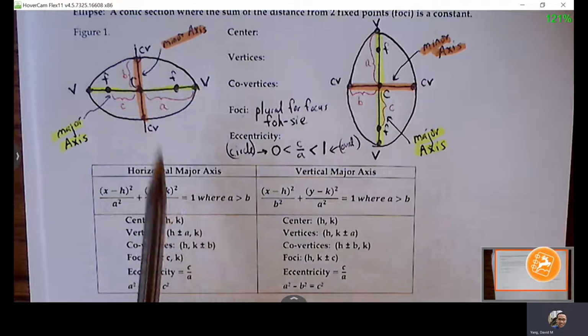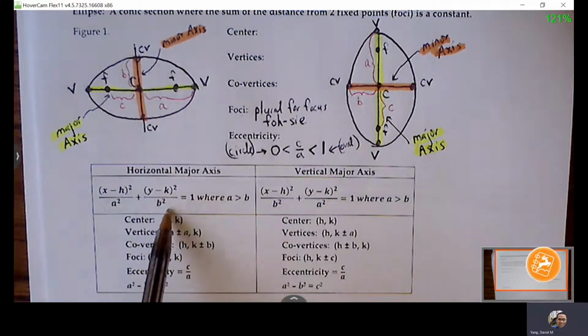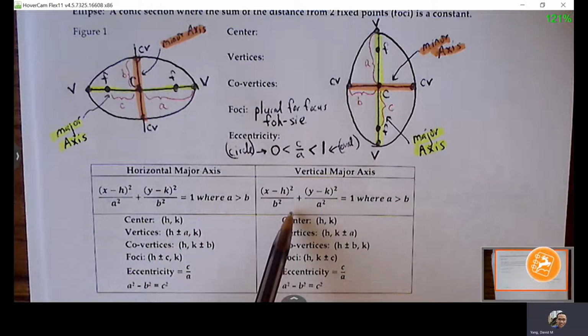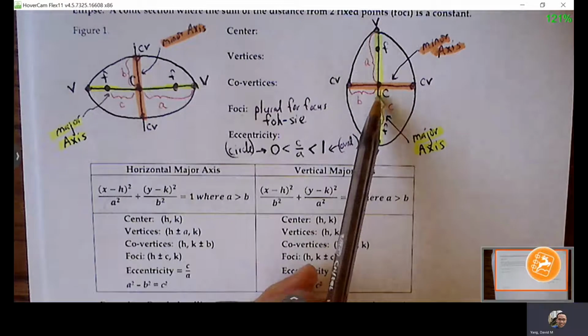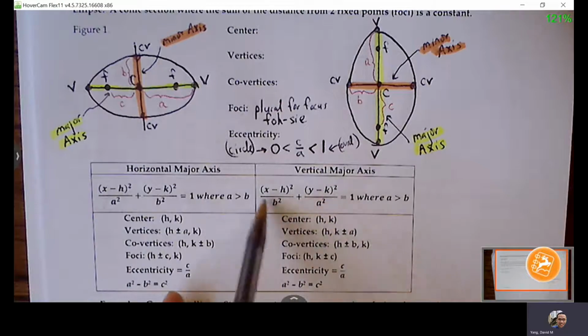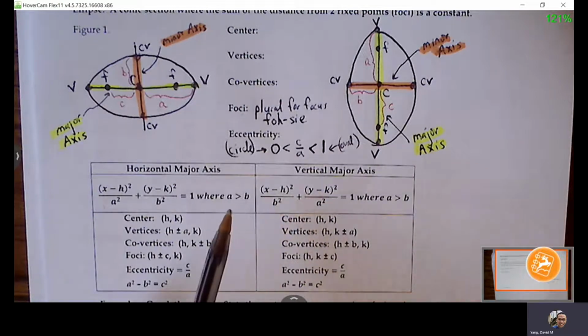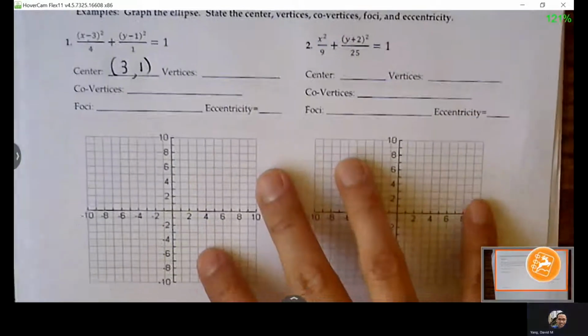And then your B value, the distance from the center to the co-vertex, is always going to go under your minor axis. For vertical major axis, because my vertical is the major, I'm going to have the A value under the major axis and the B value under the minor axis. So your A is always under the major axis, and then your B is always whatever variable is where the minor axis is.